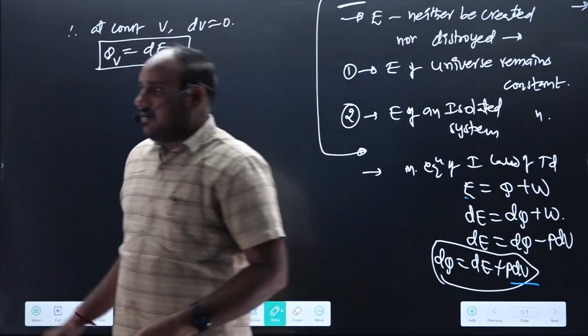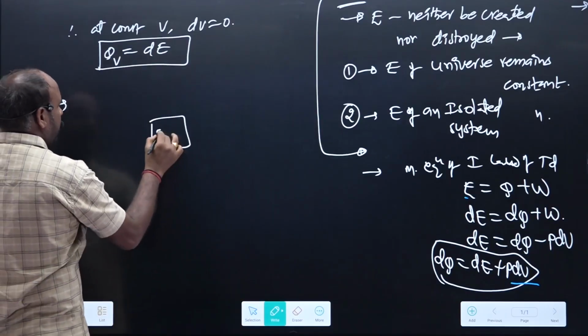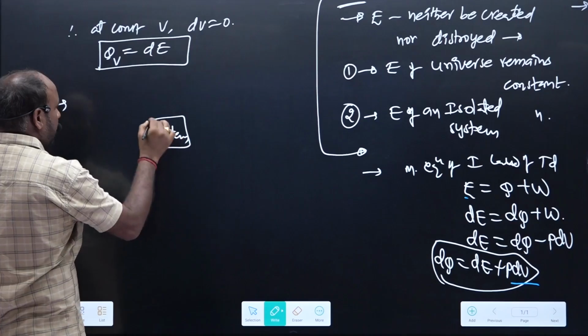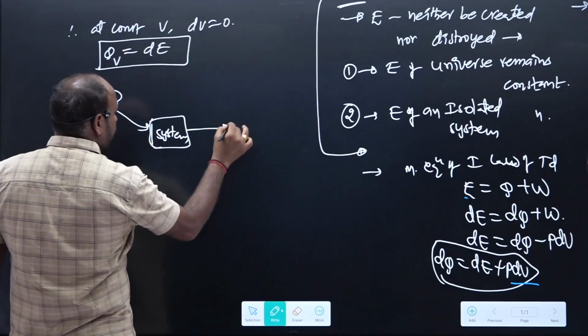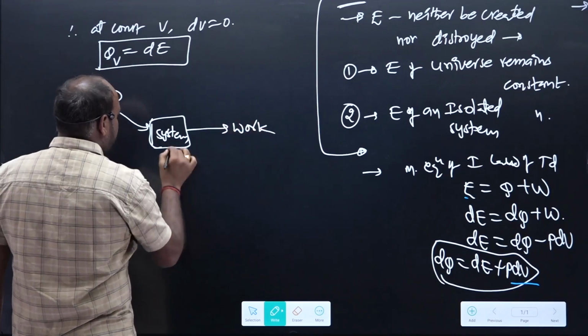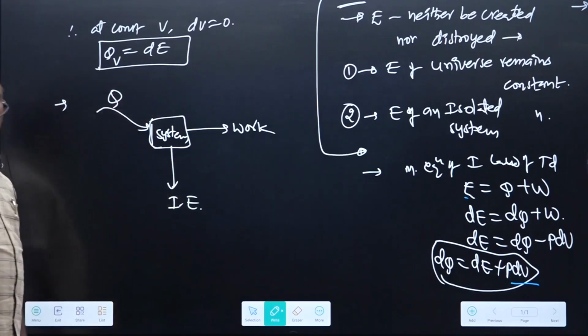Understand? I will give one simple picture here. We have a system. This system is absorbing some amount of heat energy, and some of the energy is utilized to do work. The remaining energy present in the system is known as internal energy.